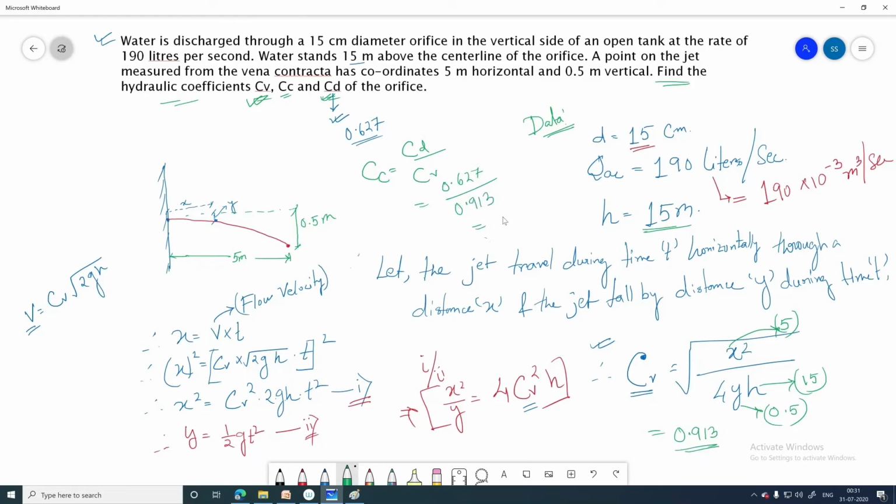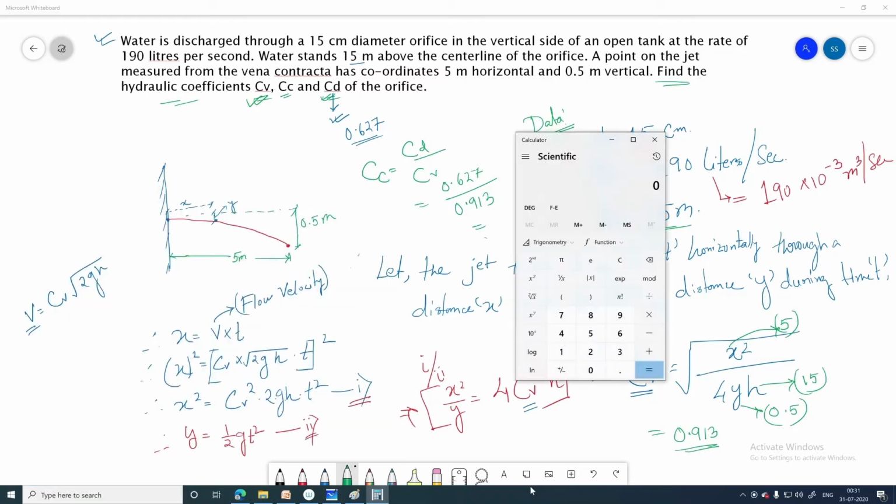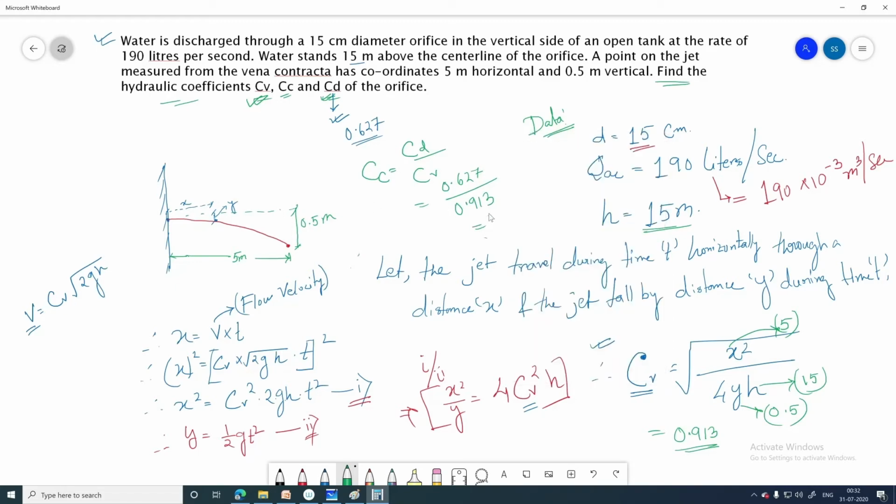So 0.627 divided by 0.913 is 0.686. Yeah, this is the solution, very simple. So try to solve this kind of problem. Thank you.